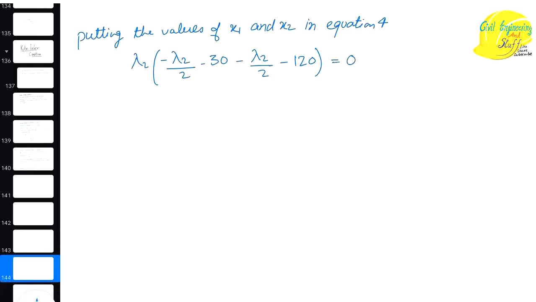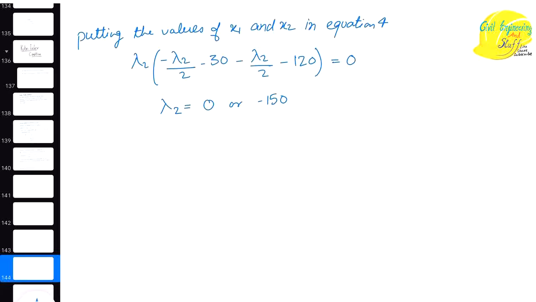Upon solving, we will have the value of lambda 2 to be 0 or minus 150.